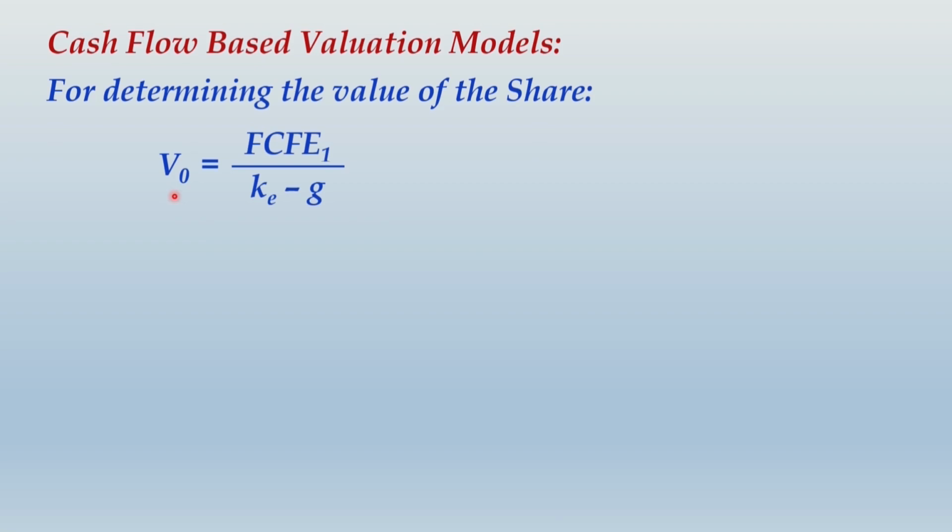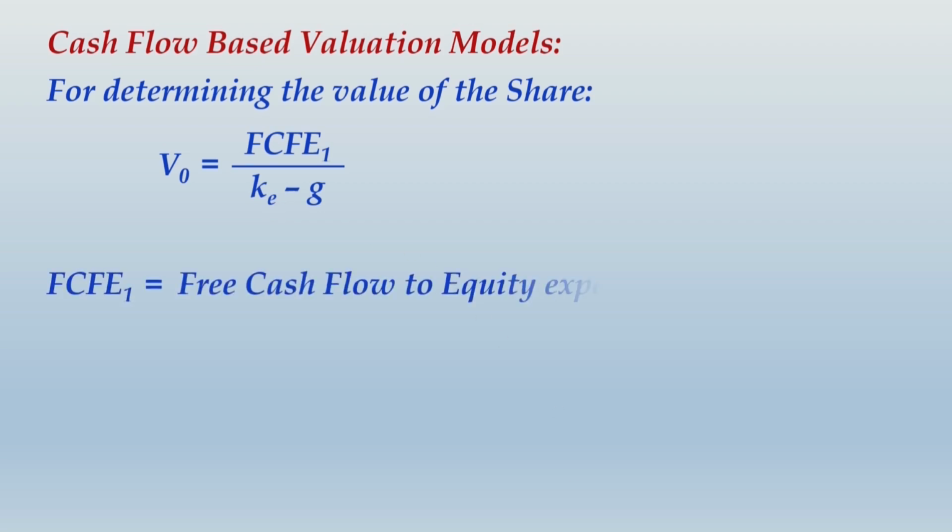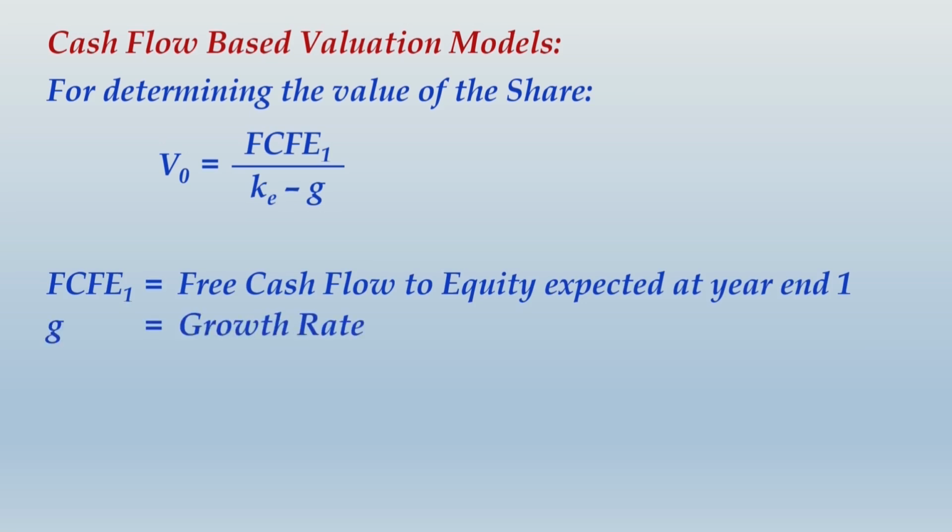When it is the value of the share, you are freely allowed to use either P0 or V0, but the base of computation will be FCFE and the discounting rate will be KE. So FCFE1 is the free cash flow to equity expected at year end 1, G is the constant growth rate, and KE is the cost of equity.